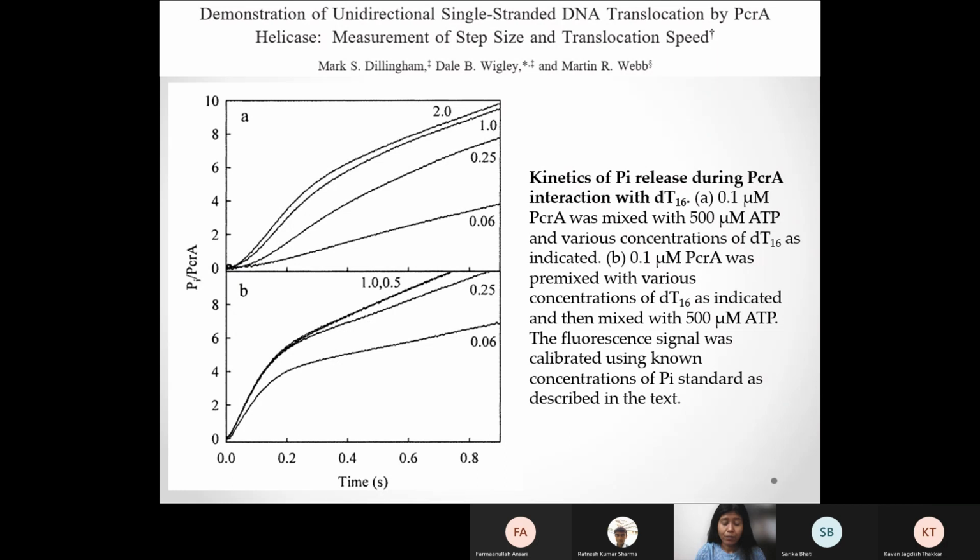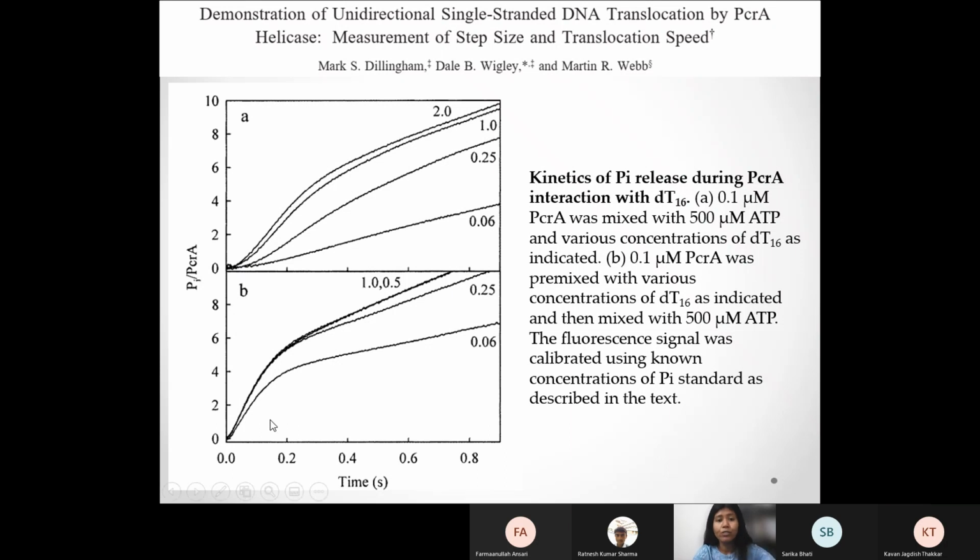If it is true that it can stay at the end and cause these futile cycles of ATP hydrolysis, then even if you add very high amounts of DNA, at some point this futile cycle will be reached, but it will be reached much later.